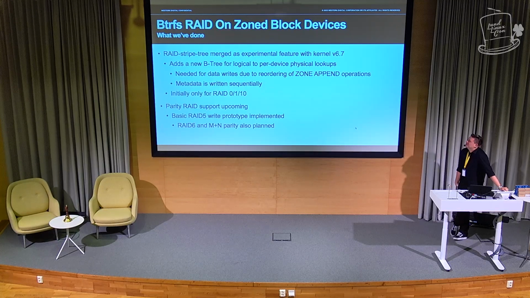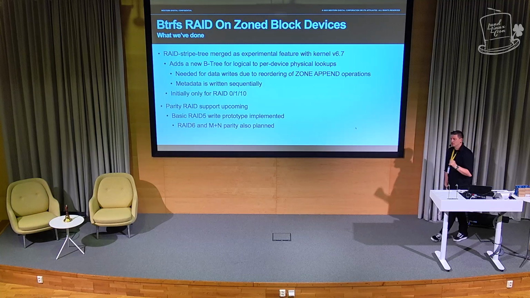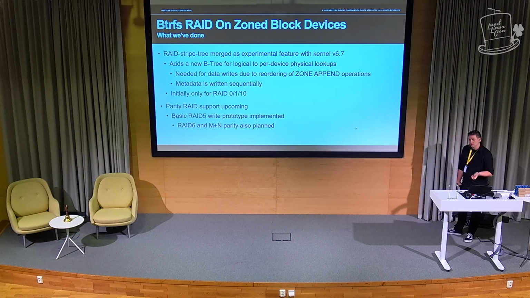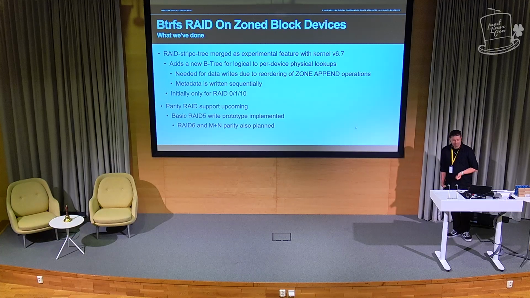And then, to be able to do RAID on zone block devices, I added a new tree to have the metadata for the RAID, because the normal RAID on BTRFS was expecting data to be written on both drives in the same place at the same offsets, which obviously doesn't work if you use zone append writes.